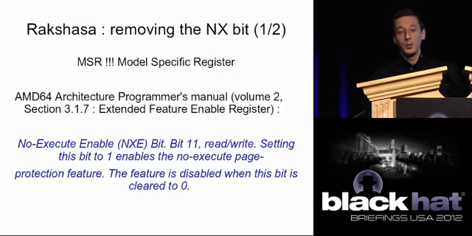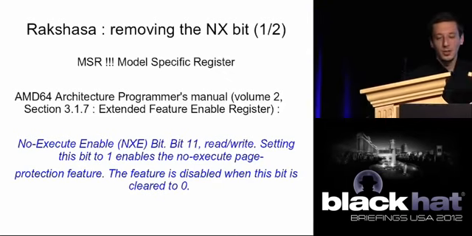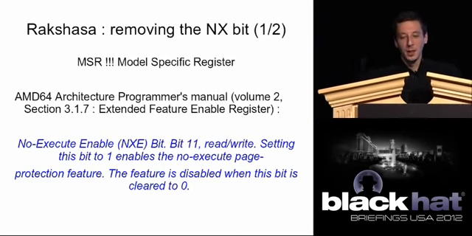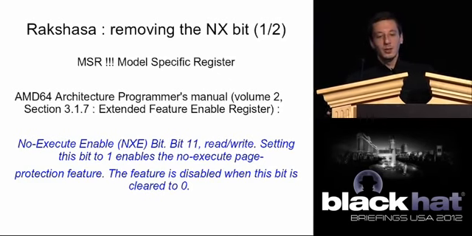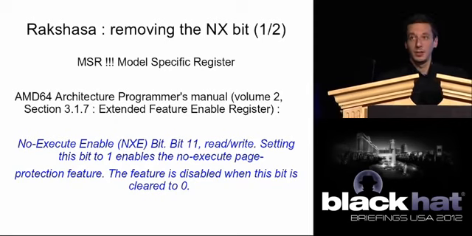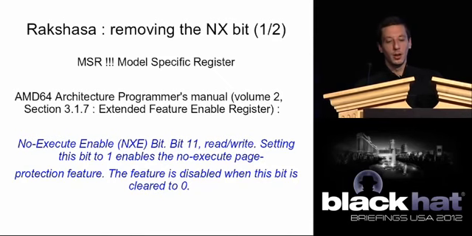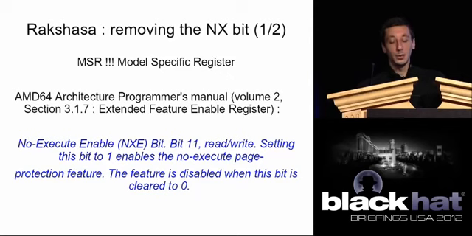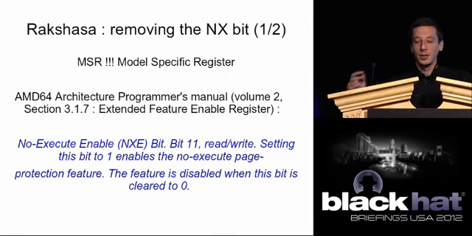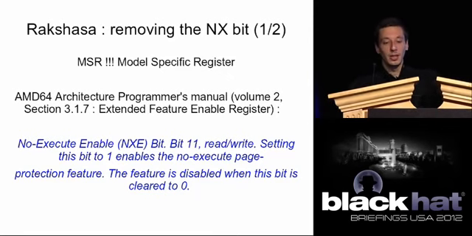Okay, so how do you remove the NX bit? This is getting a bit gory, stay with me. First off, not every CPU has it. It's a model-specific register. So assuming you have the NX bit, the AMD64 manual states that there is a specific bit in the EFER register, which is also a model-specific register.